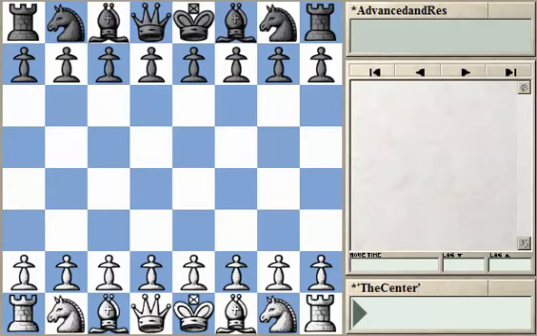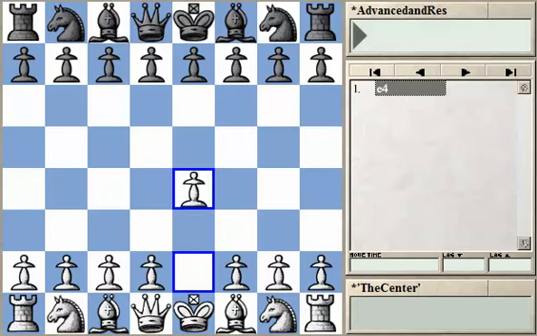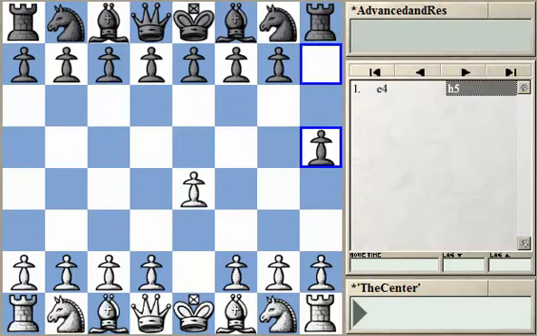But books devoting hundreds and hundreds of pages to e4, for example, most of them never mention a move like h6 or a move like h5. And why is that? Well, because it's understood that these moves, while they obviously don't lose, don't have anything to do with the center.